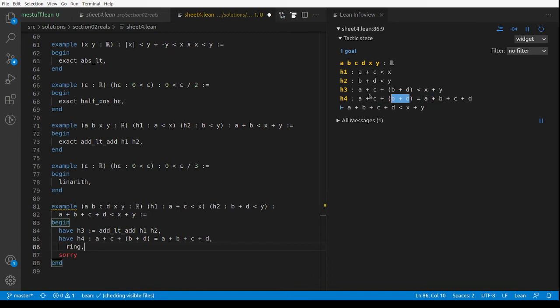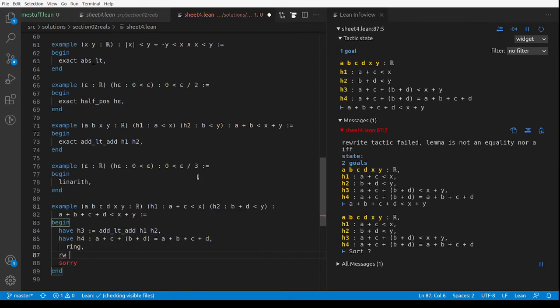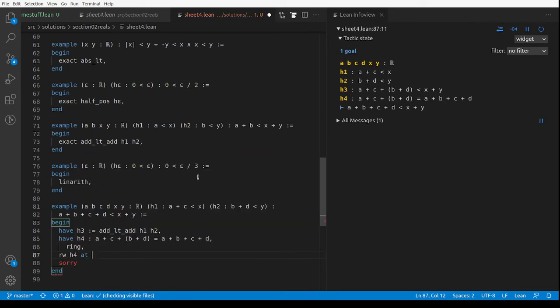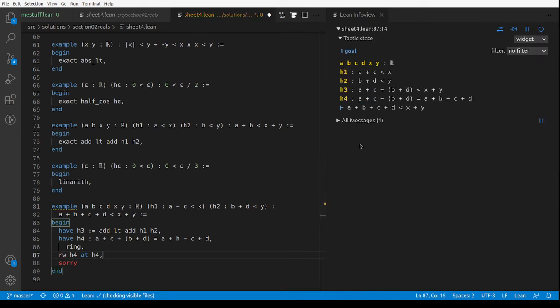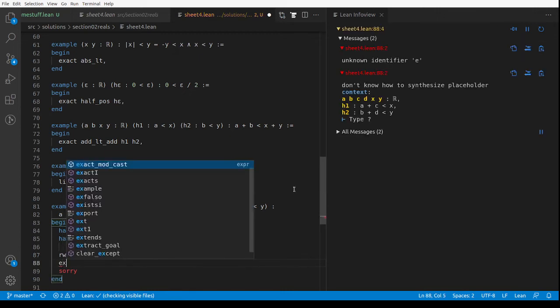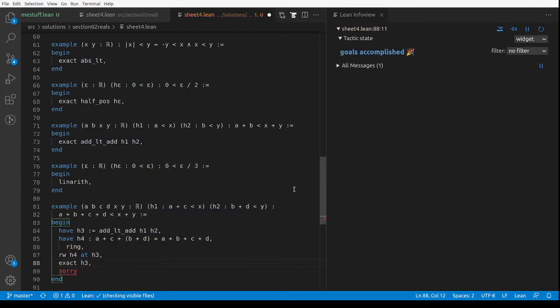So now we can rewrite h4 at h3. Oh no, what have I done? I rewrite h4 at h3, there we go. And now h3 says exactly what we want. So we could do exact h3.